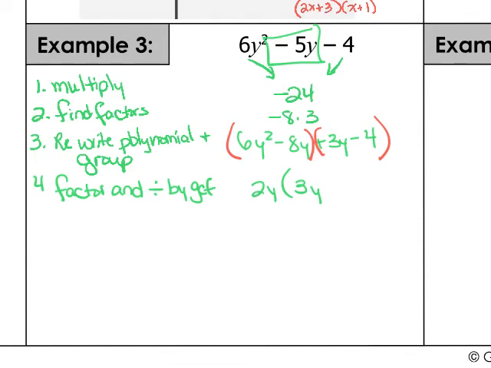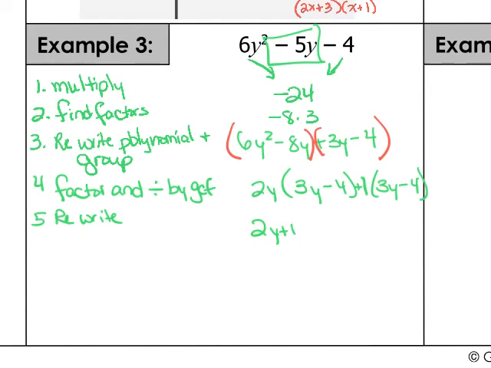Leaves you with 3y minus 4. Hey, look at that. They're both 3y minus 4. So what would be the GCF that we would divide out in the second binomial? Well, it's just going to be 1. Will it be plus 1 or negative 1? It'll be plus 1.